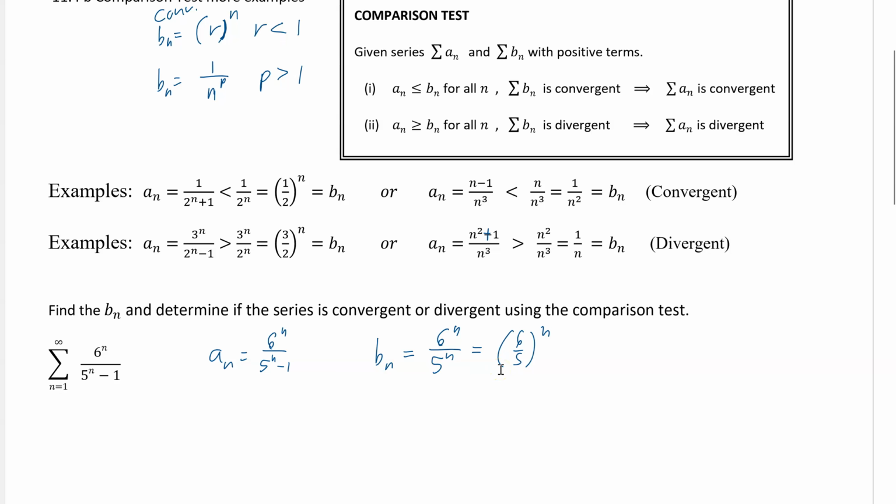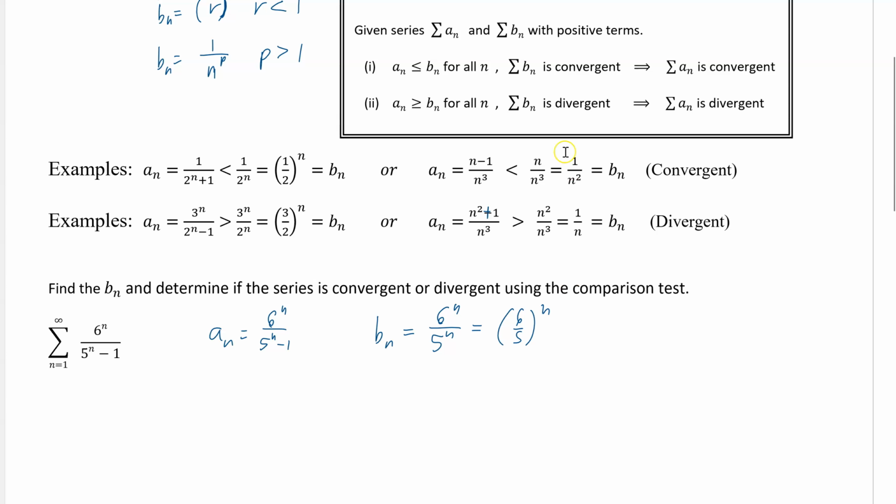So since we know it's going to be divergent, we go to our divergent rule. We want it to be greater than. And so we're going to say our a sub n, which is 6 to the n over 5n minus 1, is greater than 6 to the n over 5n, which equals 6 over 5 to the n.